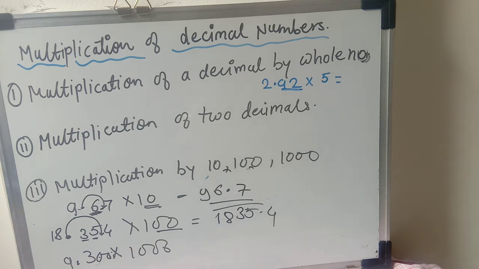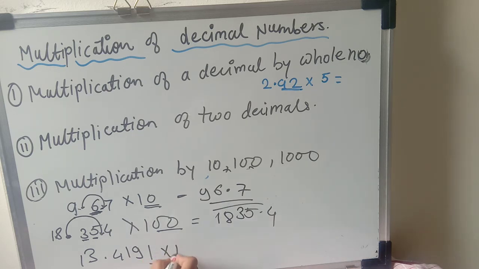Suppose for example, instead of this I will take another example here, that is 13.419, okay, and here 1 I will take. Okay, so here will come 10,000 place is there.